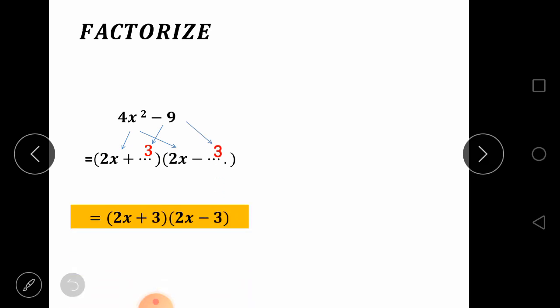So the answer is 2x plus 3 and 2x minus 3. You have to realize that these two terms are the same, but the signs are different. Okay, so it is 2x and 3. The first one is plus and the second one is minus.